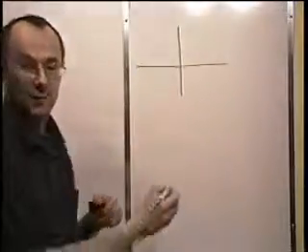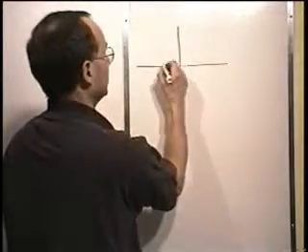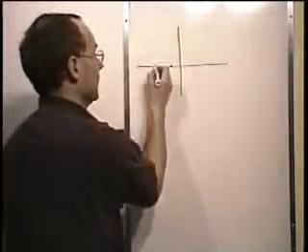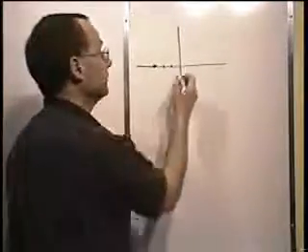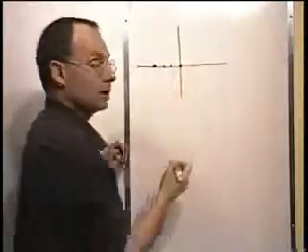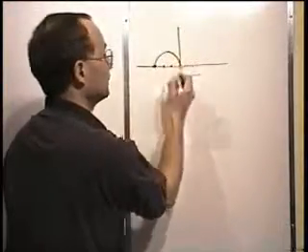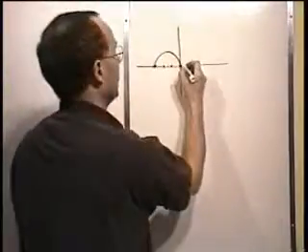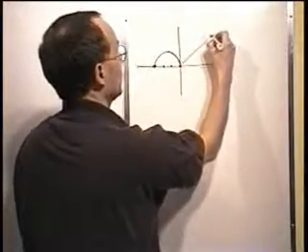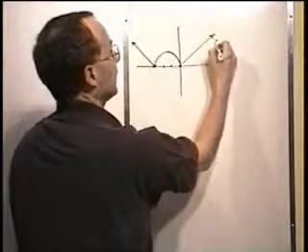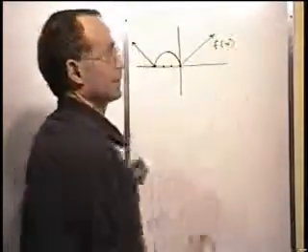Okay, in this case, I've decided to do something like this. Go 3 to the left as one important point on my graph, and 0, 0. And I'm going to do a little kind of a semicircular part here. And then I'm going to have a line that kind of goes roaring up like this. And then on this side, I'm going to do the same thing. So this is going to be my f of x.